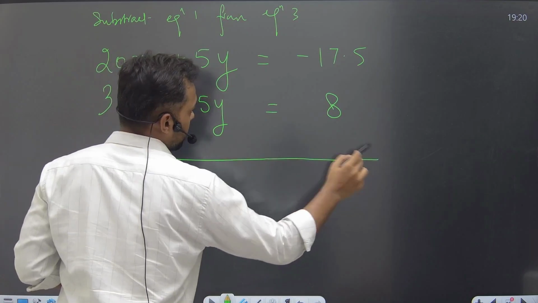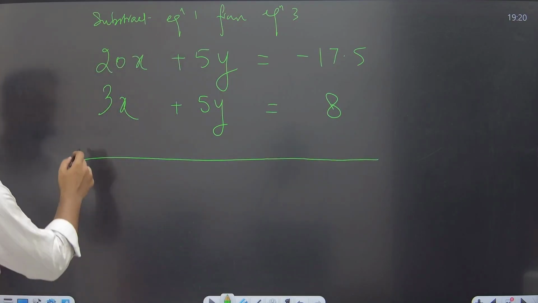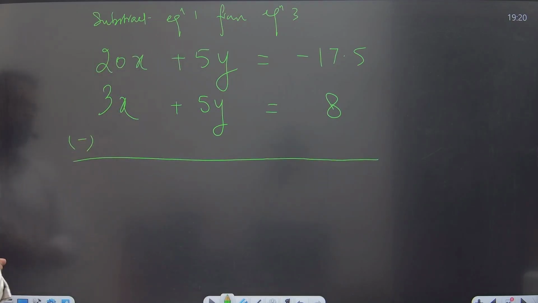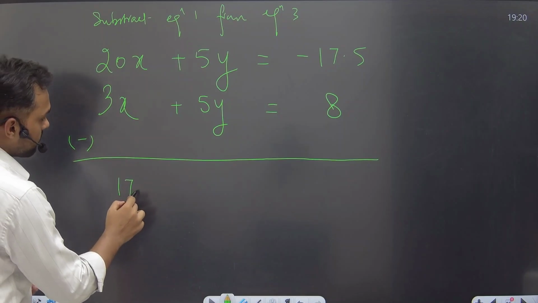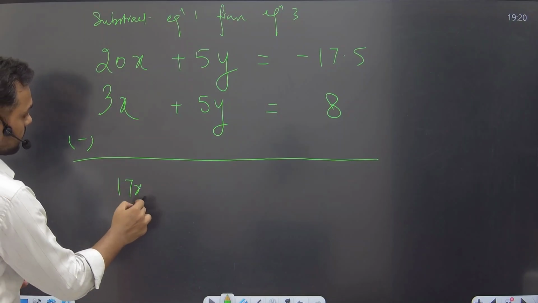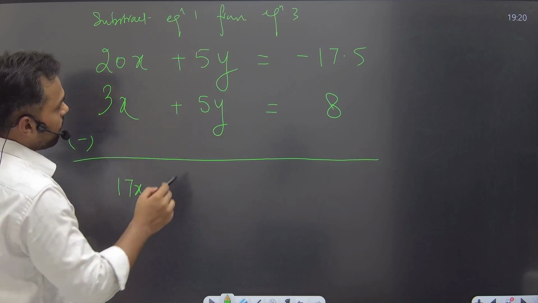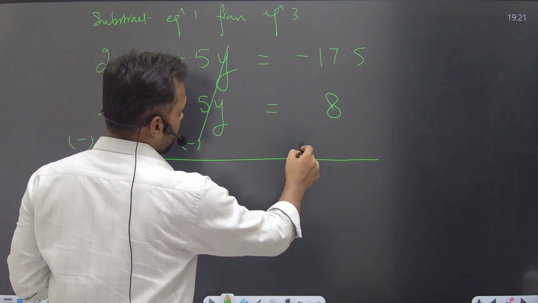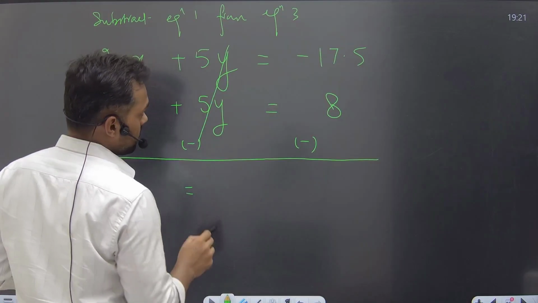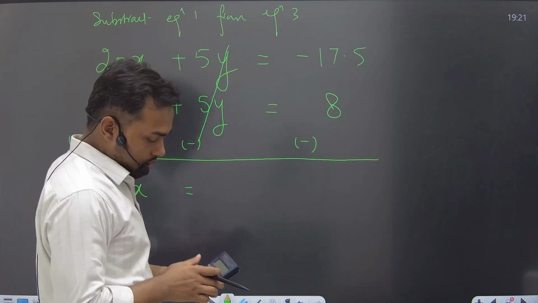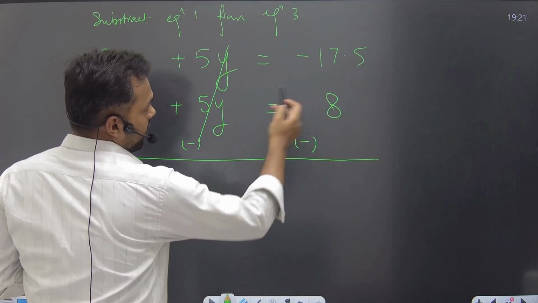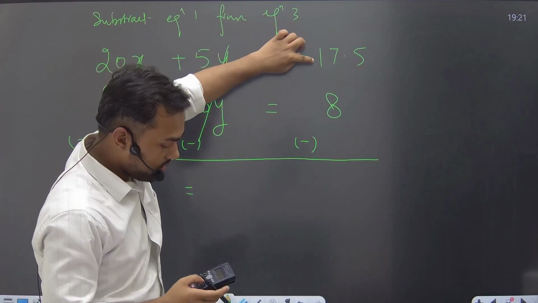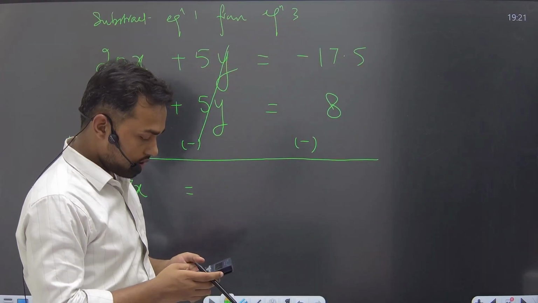If we are subtracting this value, let's say we are putting the negative sign here, so 20 minus 3 will be equal to 17x. Similarly, plus 5y, minus 5y will get cancelled. Now here it will be negative 17.5 and negative 8.